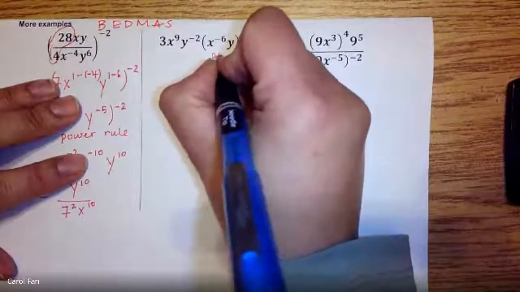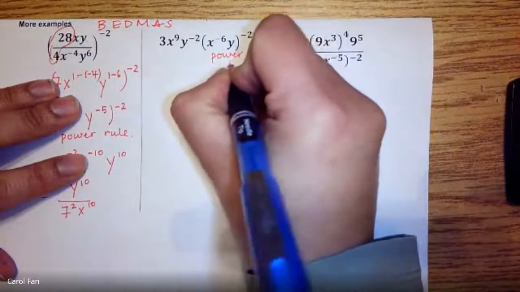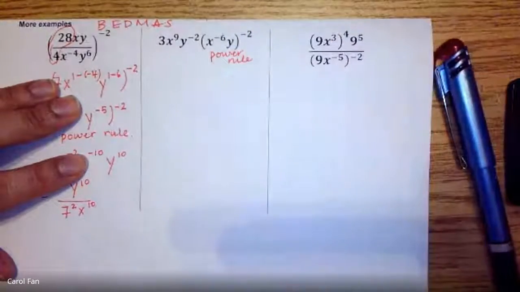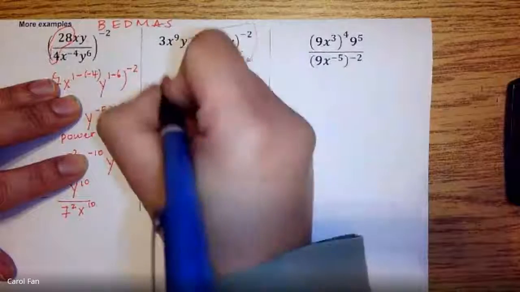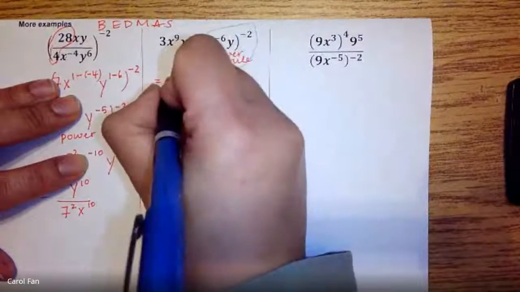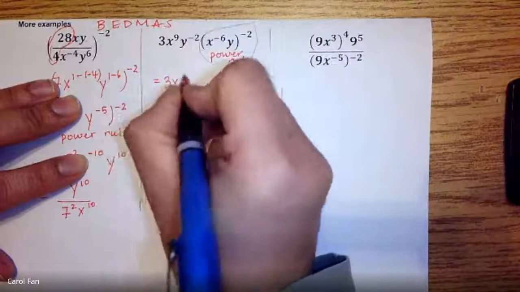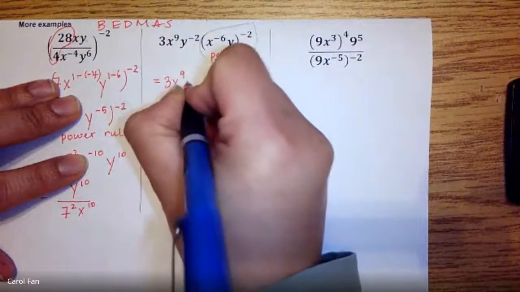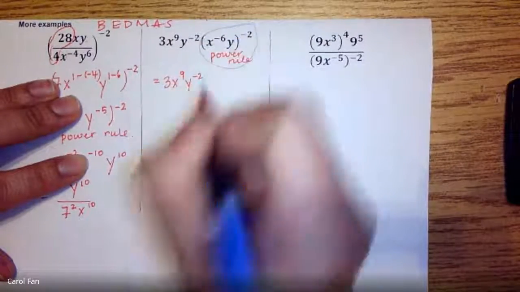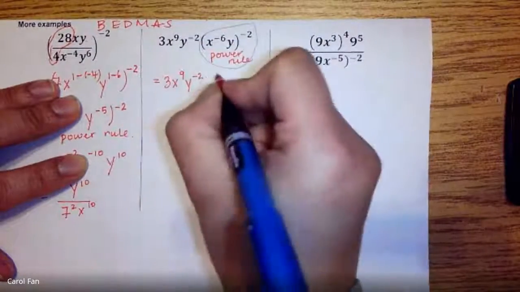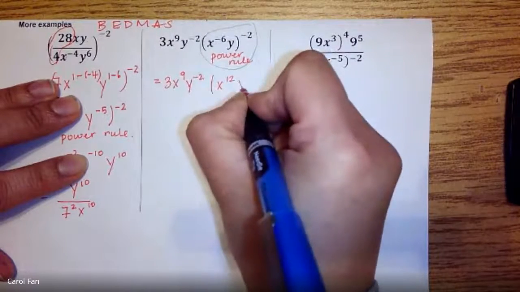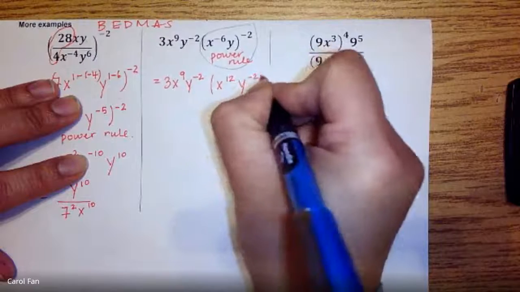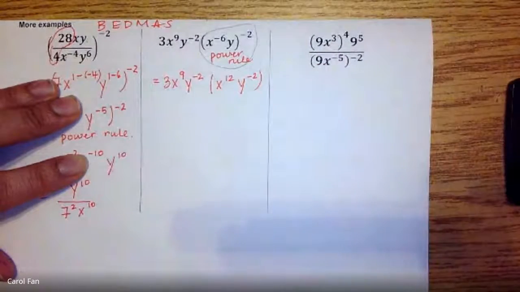So first, I'm going to apply the power rule for this part. I'm going to rewrite the first power, 3x to the power of 9, y to the power of -2. And when I simplify it, I have x to the power of 12, y to the power of -2.